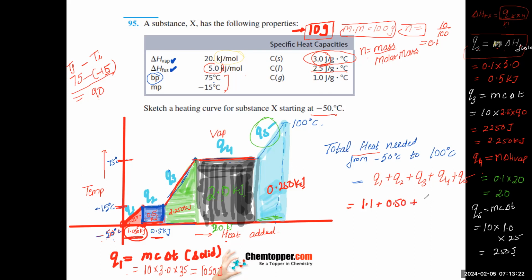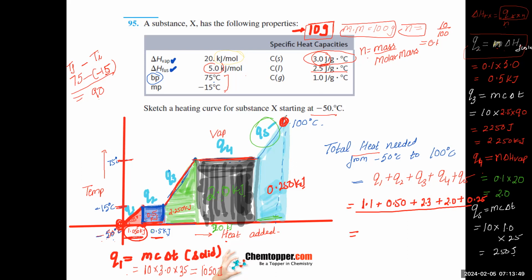Q3, 2.3 kilojoules. Q4, 2.0. Q5, 0.25. Add all of them, and that will be Q total, the total amount of heat needed going from here to here.